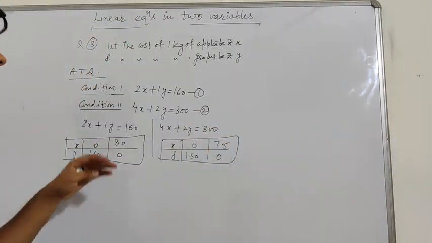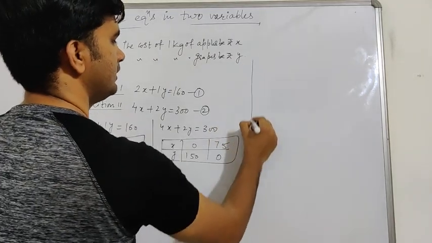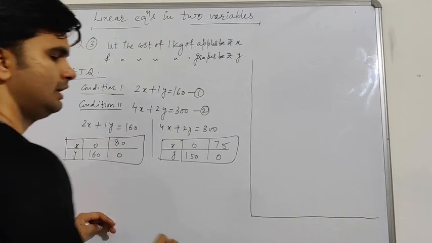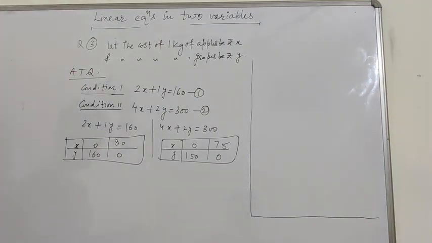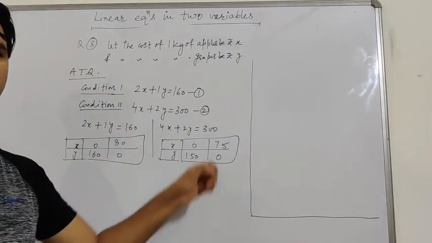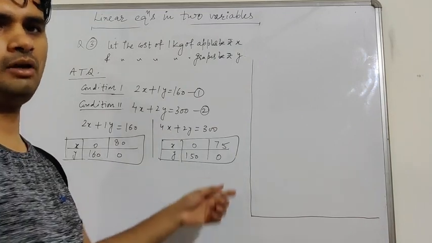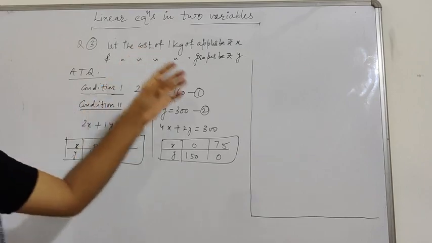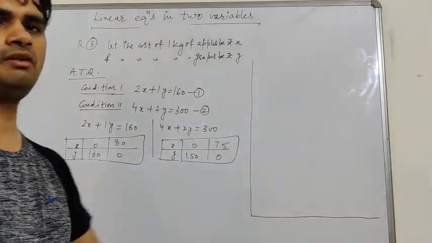Now, how can we represent it graphically? In 9th standard, you have done how to represent a linear equation with two variables on the graph paper. Here we are doing the representation of two linear equations on the same graph paper.